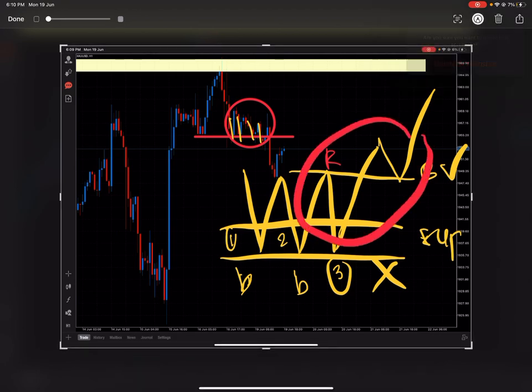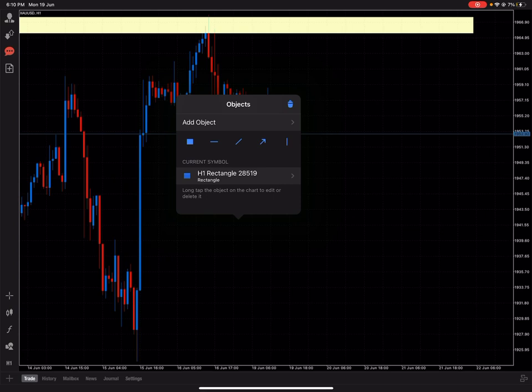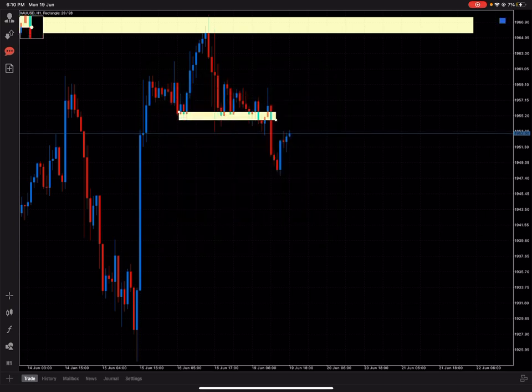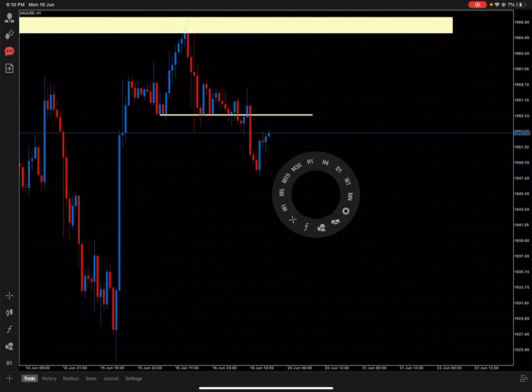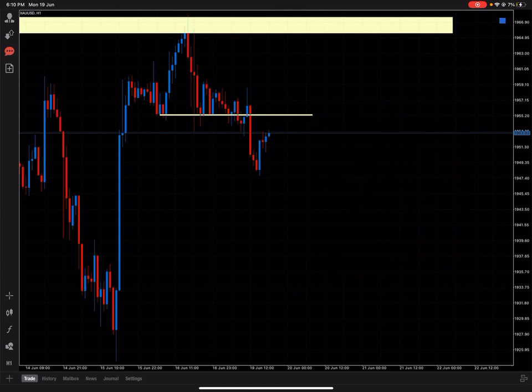But what happened to gold? Gold broke out of this support. Once the support broke, my focus is to find sell. Which one? First, I just mark the swap zone from here until here.